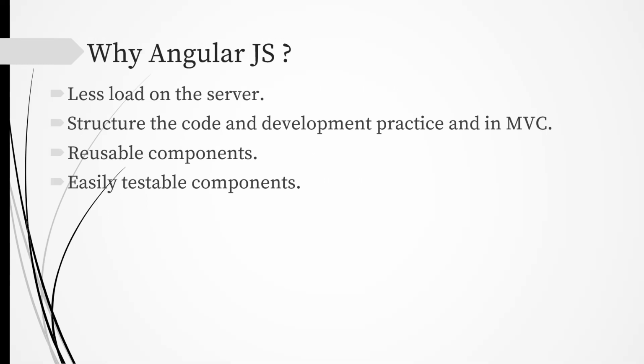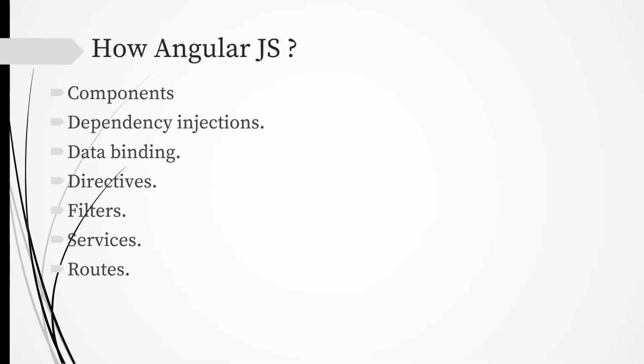Less load on the server, structured code and development practice, and in MVC, reusable components and easily testable components. How do we use AngularJS? AngularJS has components, dependency injection, data binding, various directives, filters, services, and various routes also.